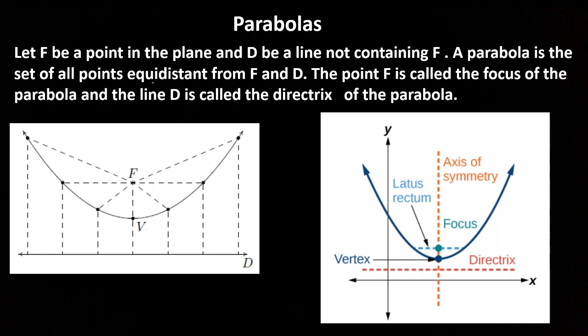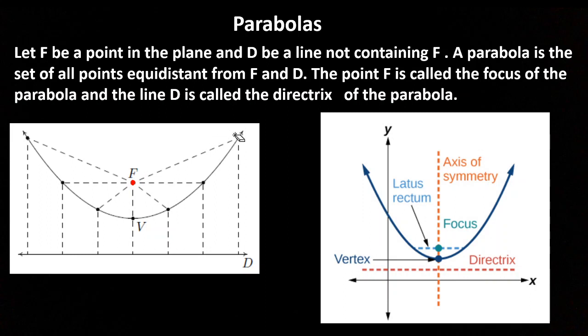A parabola is defined this way. If you have a fixed point, which is the focus, and a fixed line that doesn't go through that point, so the line has to be somewhere else, as long as it doesn't go through the point.